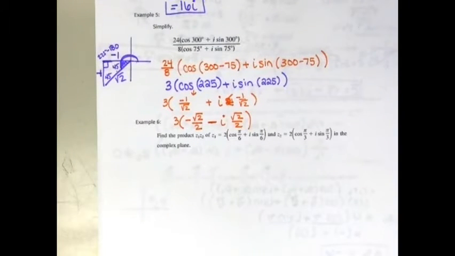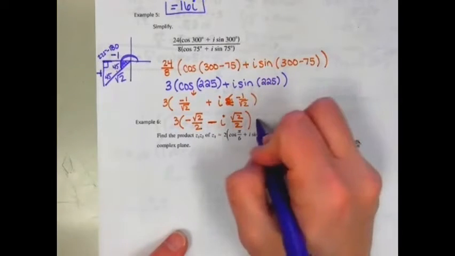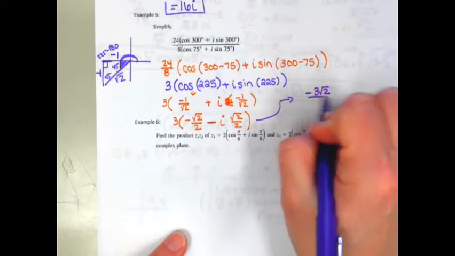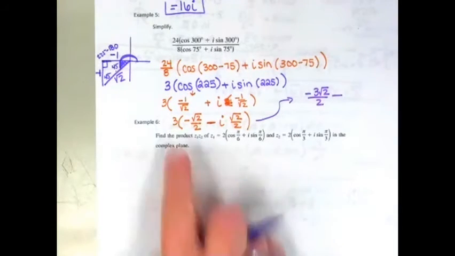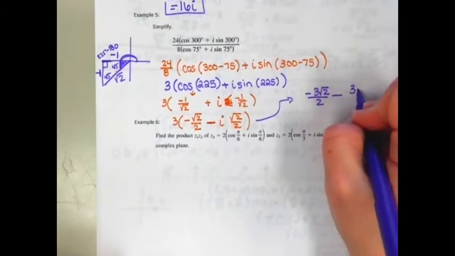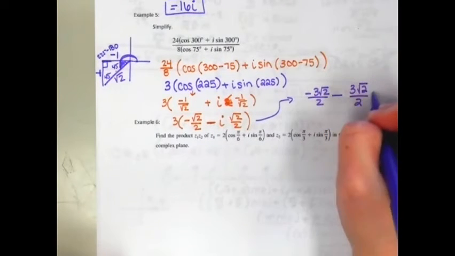All right, now can we distribute the 3? What's 3 times negative radical 2 over 2? Negative 3 radical 2 over 2 minus, and 3 times the exact same thing except for i is 3 radical 2 over 2 i.